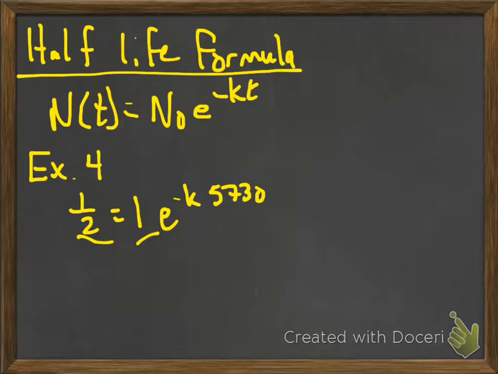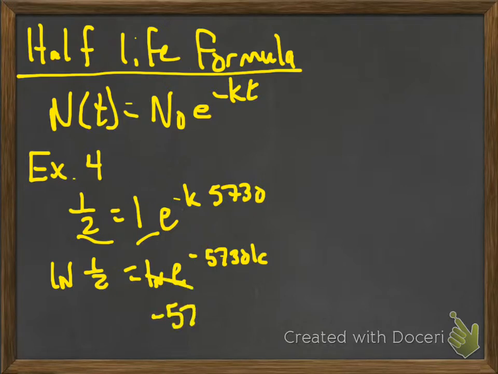So you do that. Divide by 1 is nothing, so you really still have 1/2 equals e to the negative k whatever power. And since we're going to try to get rid of the e, we're going to use natural logs. So my next step is just taking the natural log. If I take the natural log of 1/2, remember the e's cancel each other out, leaving me the negative 5,730k.